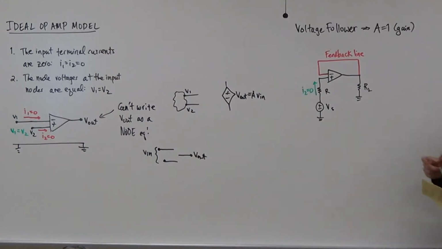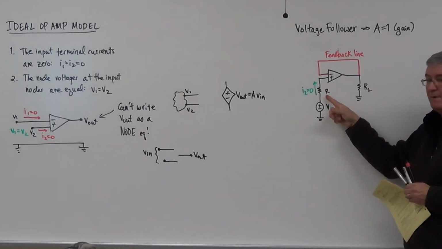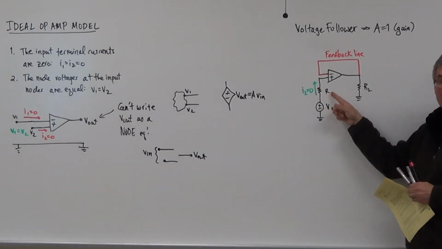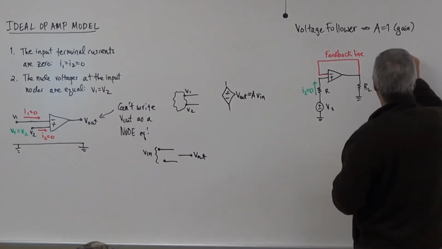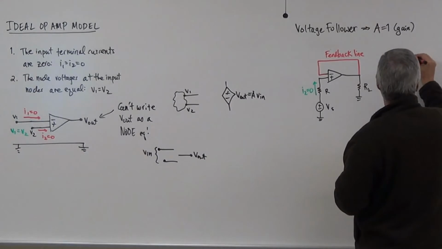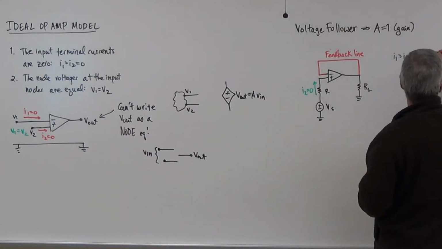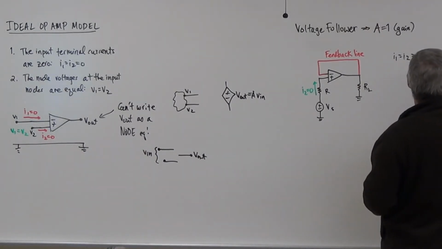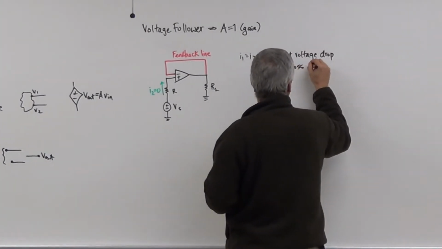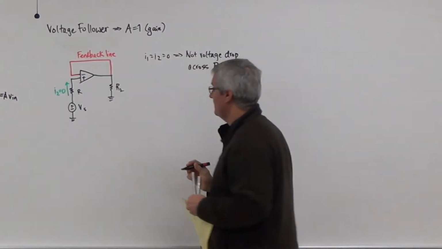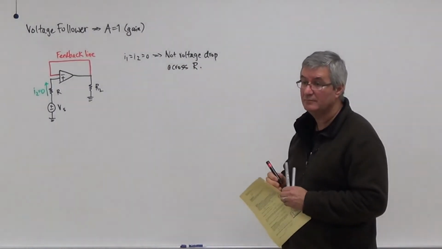So if that's 0, then there's no drop across that resistor right there. So right away, I1 equal to 0 implies that there is no voltage drop across R. So it's a dead resistor.